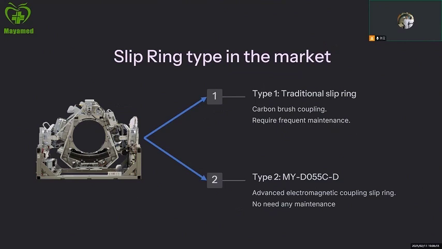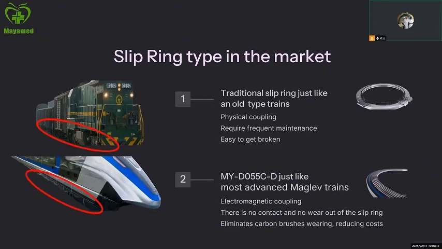But our CT scanner has the advanced electromagnetic coupling slip ring, which needs no maintenance. It is non-contact, just like the maglev. I will show you on the next page. This is the most important advantage of the 128 slice CT scanner, the slip ring type in the market.